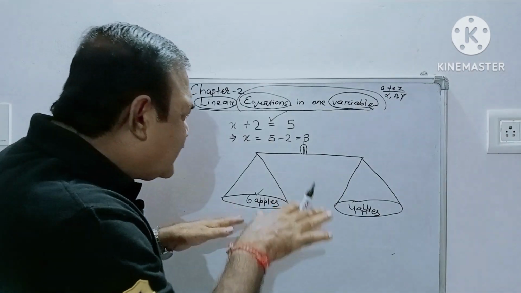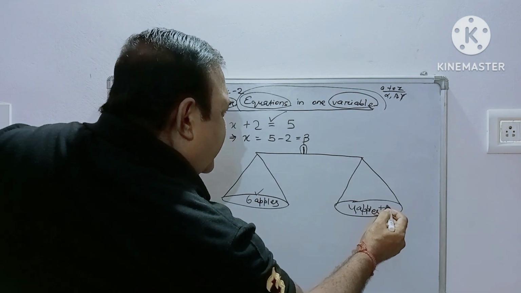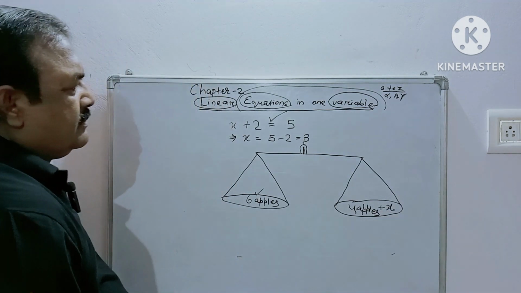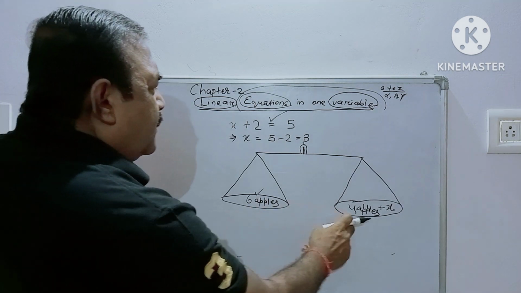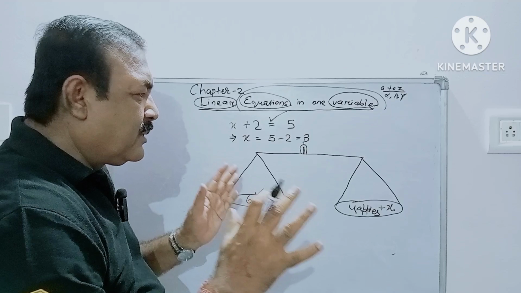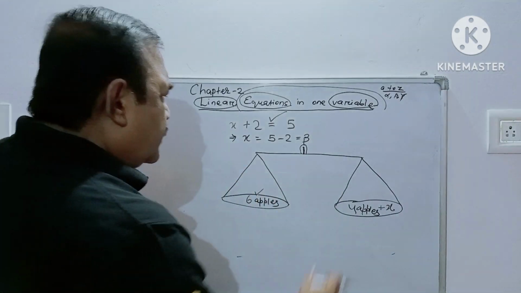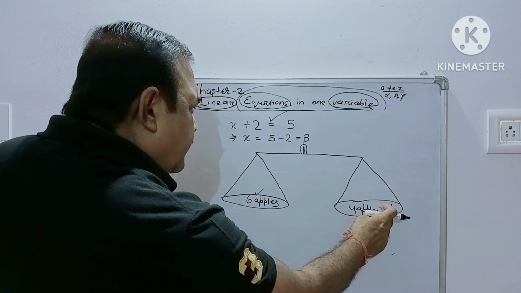We cannot think the sign of equality here. I need some more. I do not know, let it be x. But I know 6, 4 plus 2. It will be 2 apples of same size because same size apples I have kept. Some apples I have kept in the basket. So you see, let it be x.